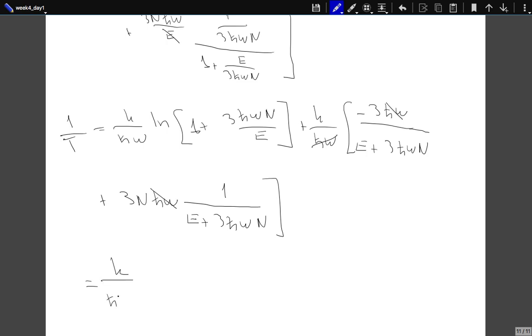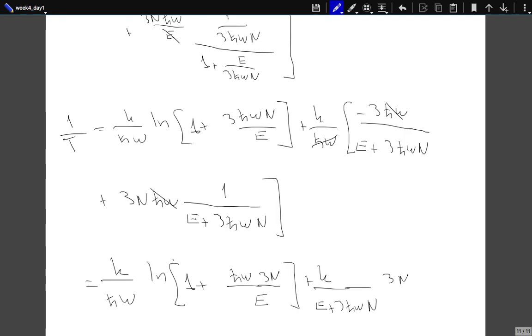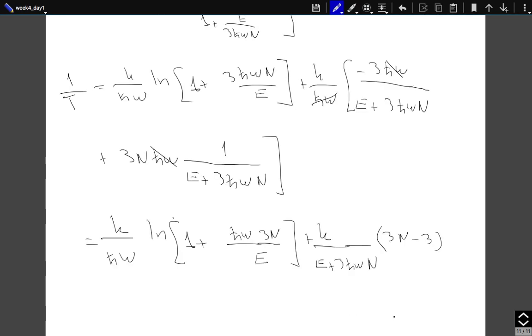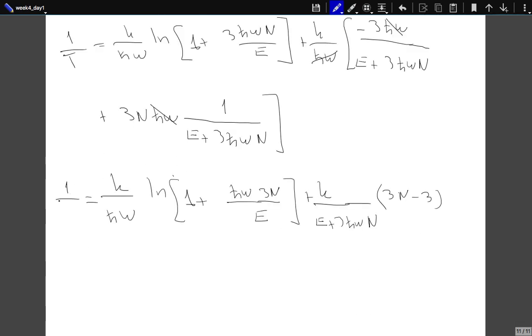So this is K over h bar omega logarithm of 1 plus 3 h bar omega n over E. Or let me write it in a slightly different way, h bar omega times 3n over E, plus K over E plus 3 h bar omega n times 3n minus 3. This is the inverse temperature.